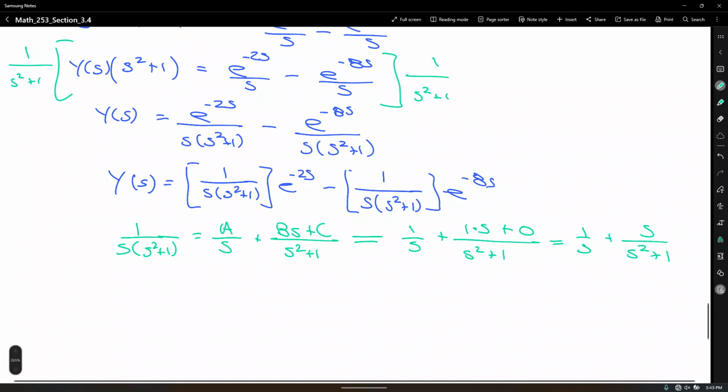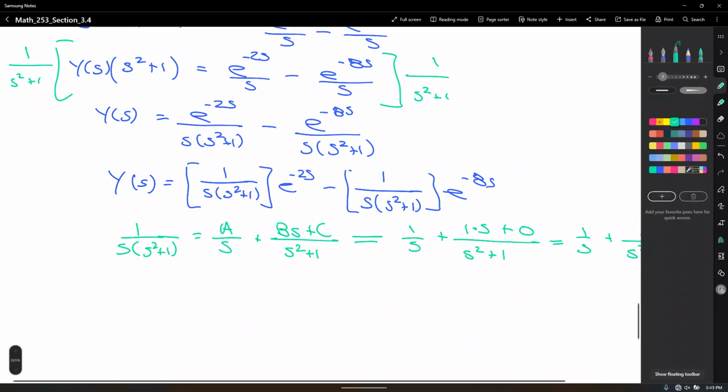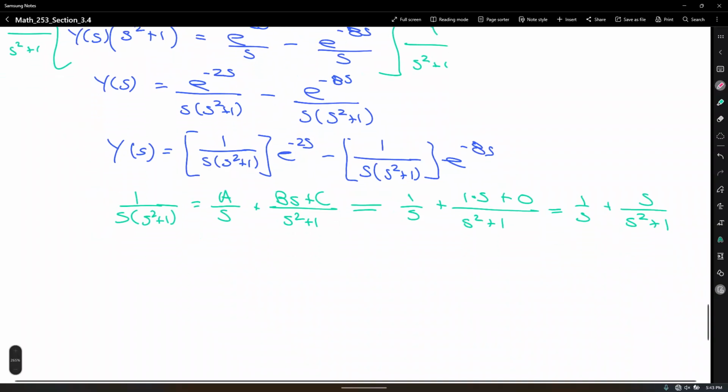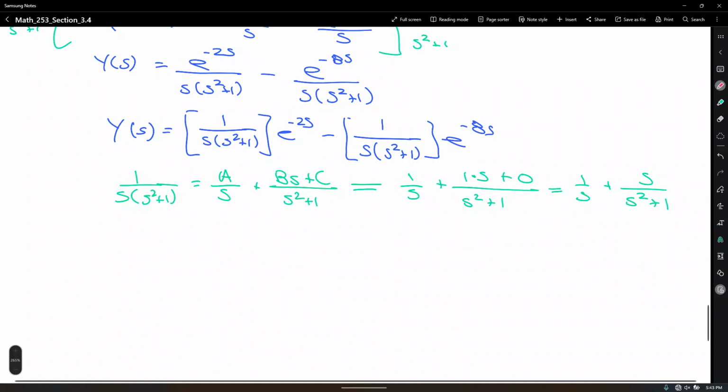Now that we are at this point, can you find the inverse transform of 1 over s? Let me use a different color for this. What I'm doing here is preparing to find the inverse overall. Actually, let me do the following first.